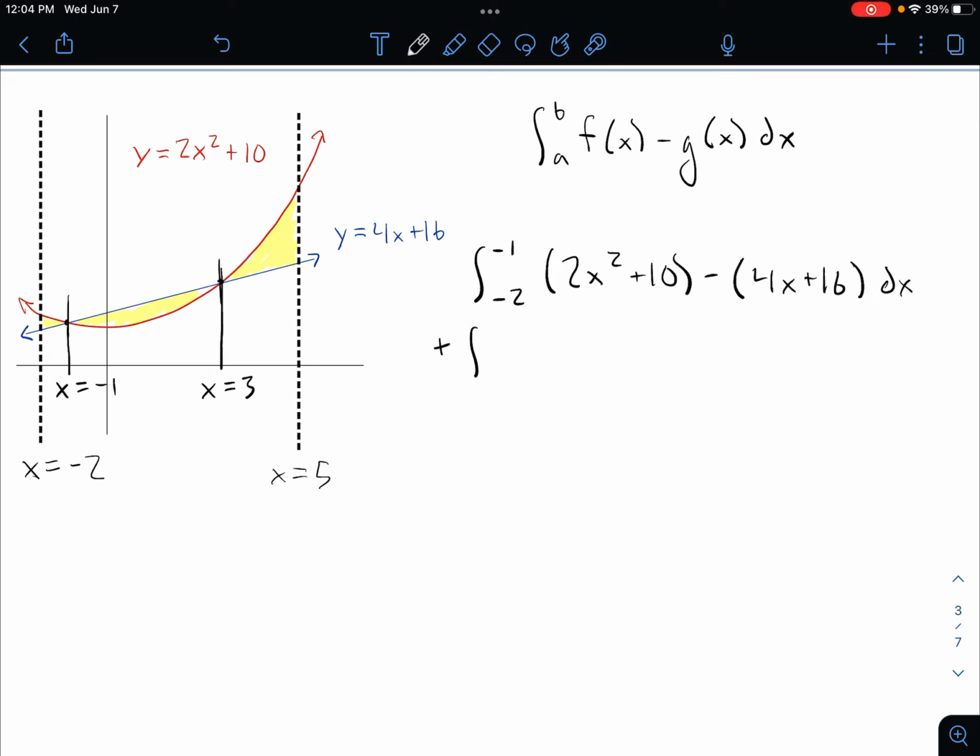And then we'll add that to our original integral for that middle section that we solved in the last video. And then back to the red line being on top.